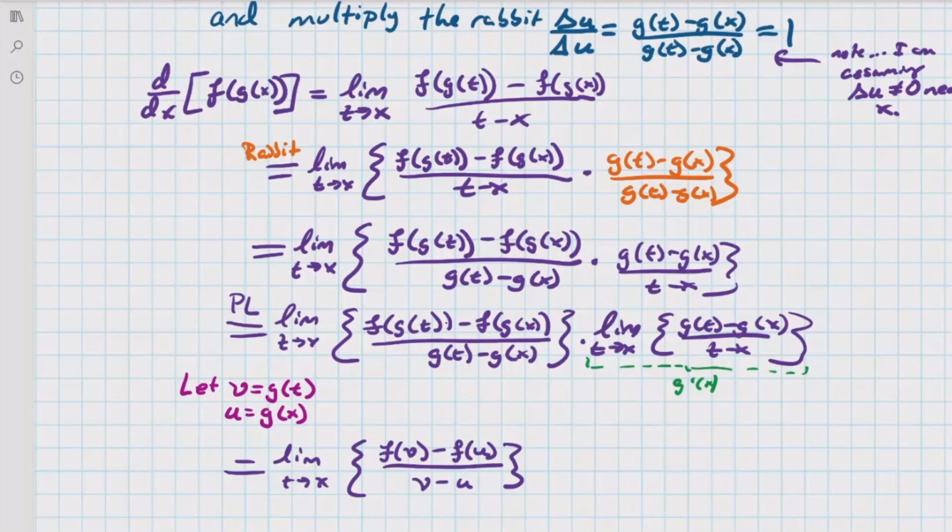Now, I need to deal with this t to x business. Okay? But g is continuous at x, because g is differentiable at x.